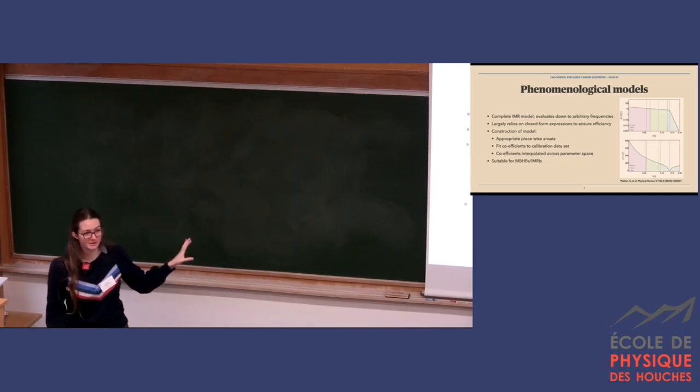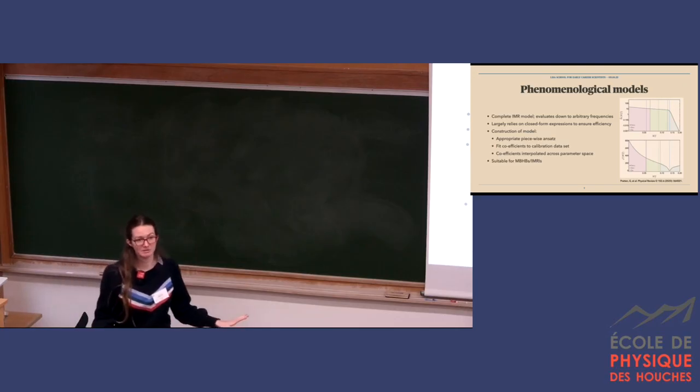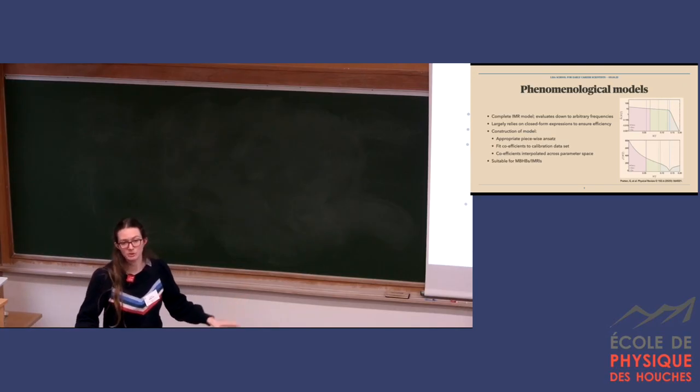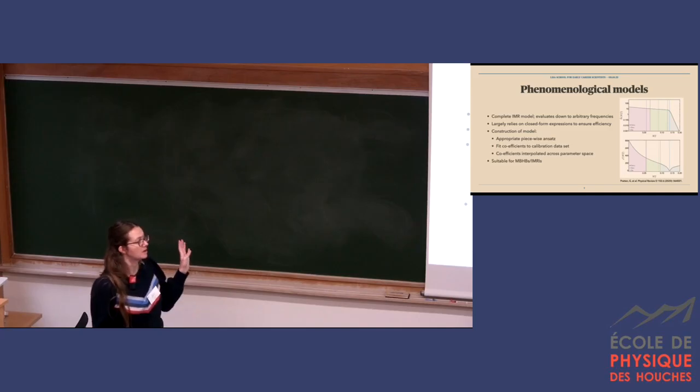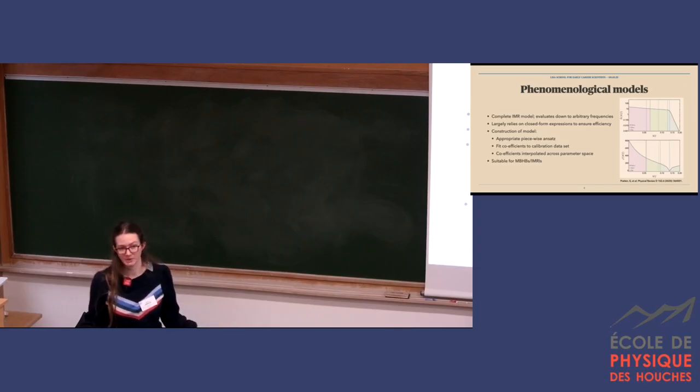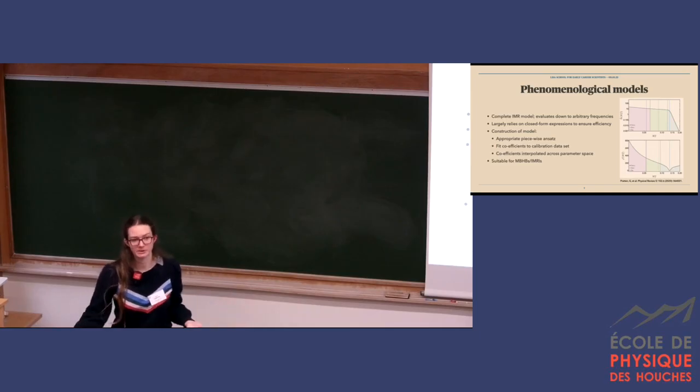The EOB, the effective one-body formalism, is developed in the time domain. You can only develop those models in the time domain. You have to have a Fourier transform. With the Phenom family, you have post-Newtonian expressions that are in the frequency domain. You can use those in the inspiral, and then since you're just coming up with an ansatz, it doesn't matter whether you're in the frequency or time domain.